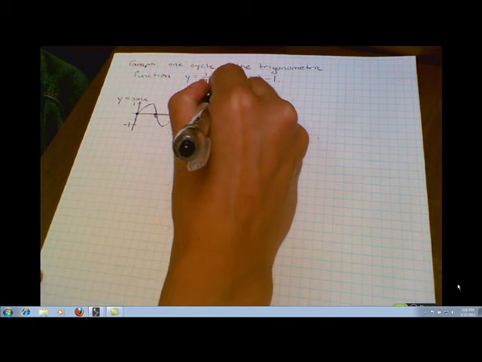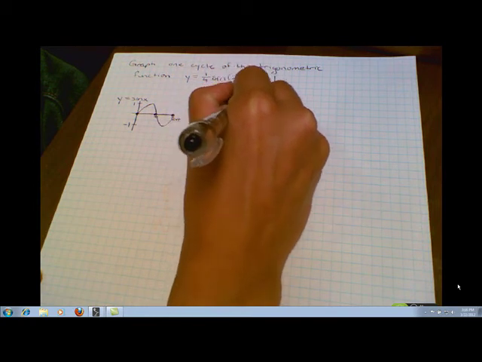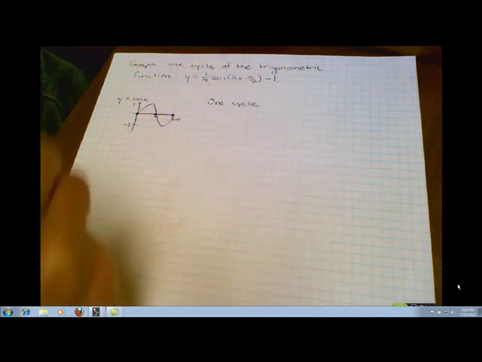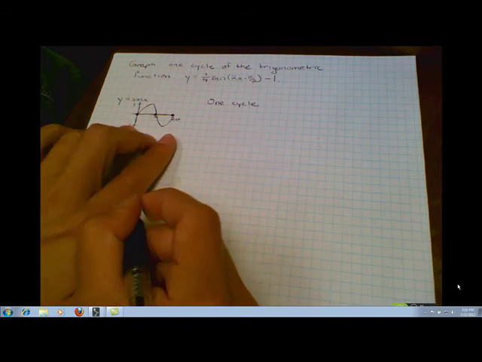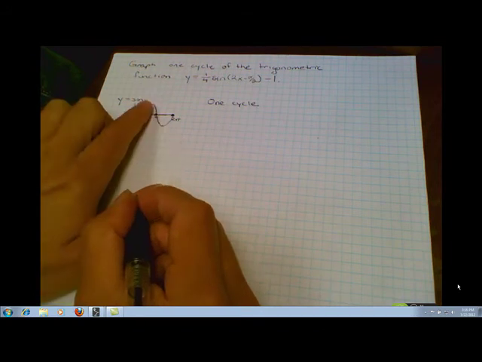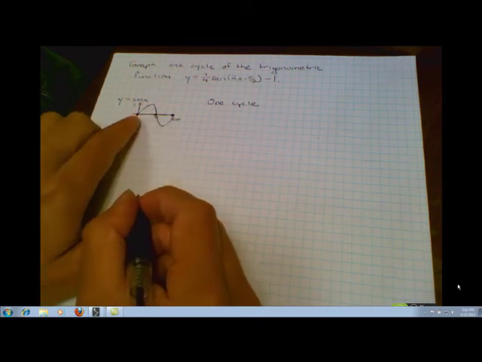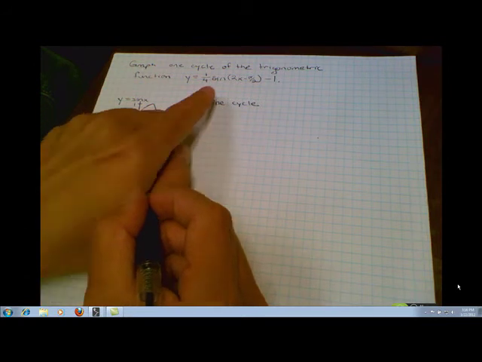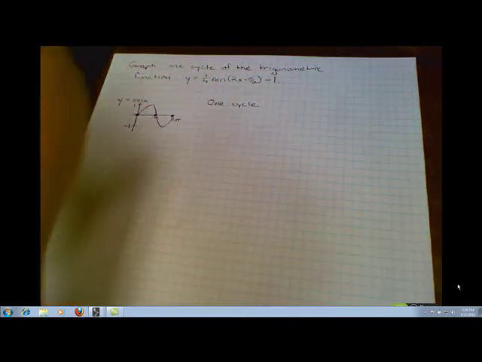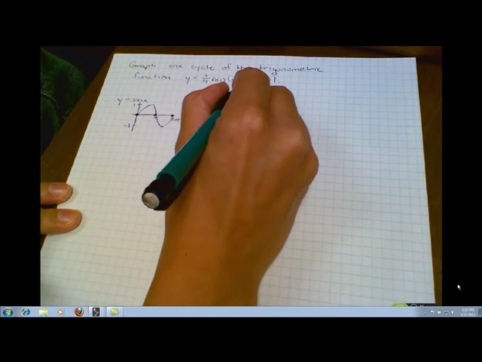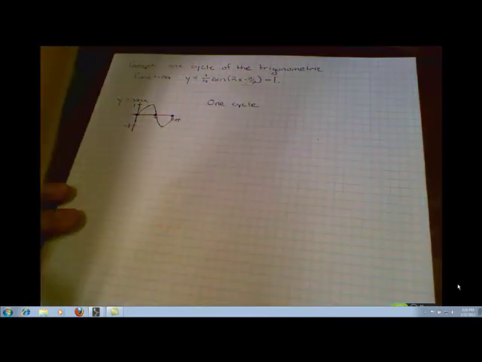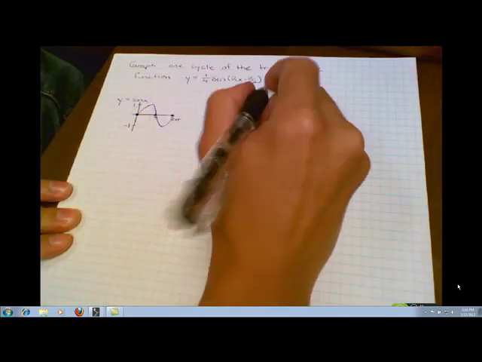Now we want to start by finding the x values that correspond to our one cycle of the graph. One cycle for sine of x occurs as x goes from 0 to 2 pi. Now we're looking at sine of 2x minus pi over 2.